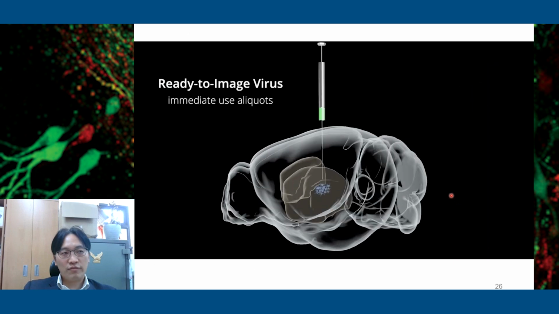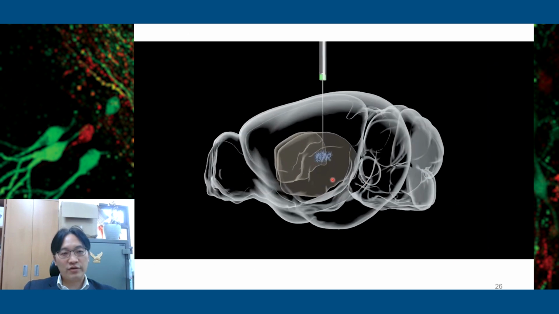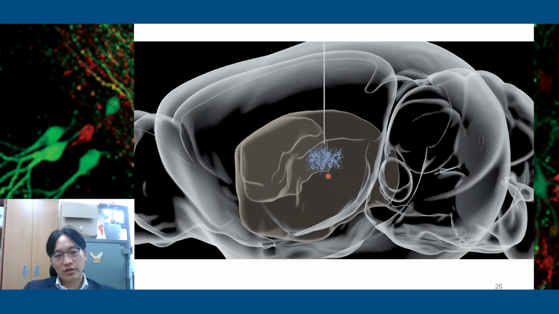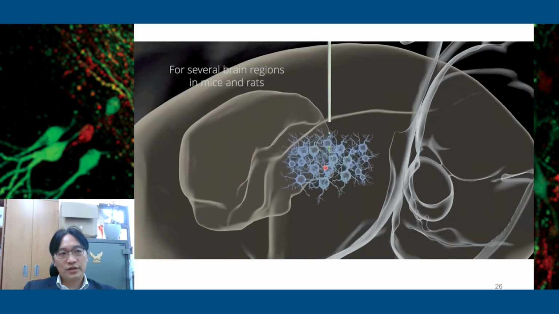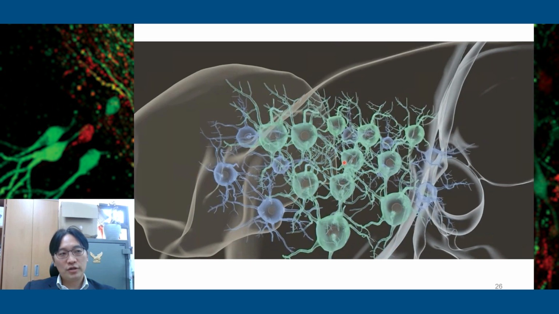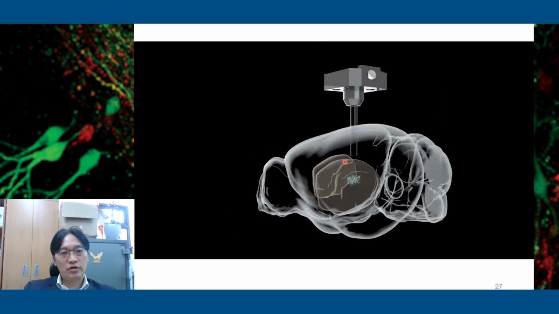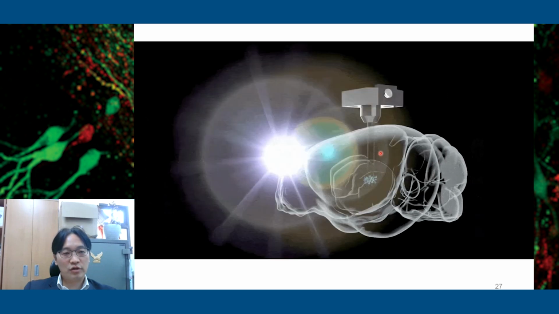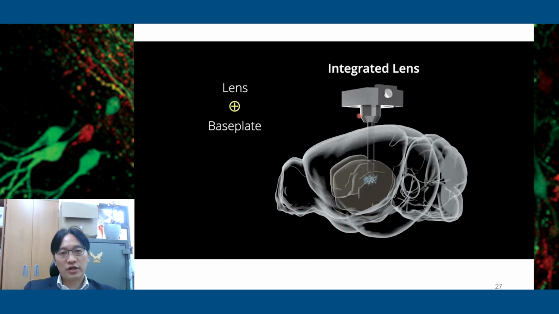And they also have this ready to image virus. So you use this virus and you can infect mice or rat neurons. And there is another integrated lens, where the lens and the base plate are integrated at the same time, so it can lower the surgical burden.